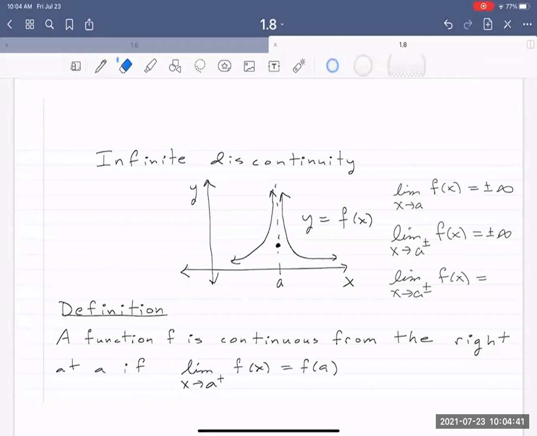Well, maybe I should just say it this way: it could either equal plus infinity or minus infinity. So in any of these situations, we would call this an infinite discontinuity.